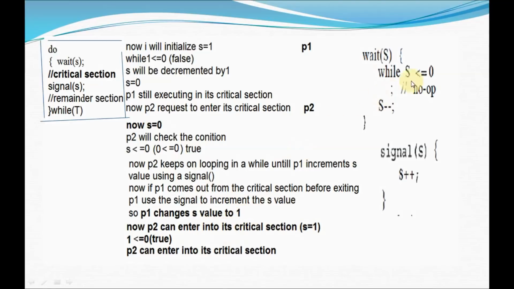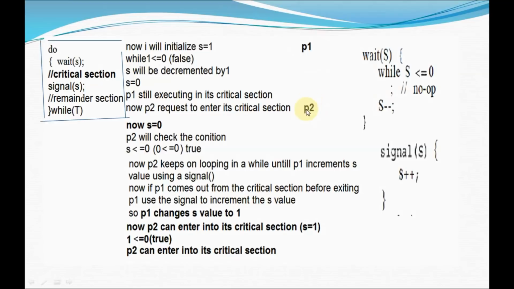Now P2 comes out of the loop. It doesn't loop anymore. It comes out of the while loop, enters into its critical section, and decrements the S value. One thing you can observe here: P1 was executing in its critical section.